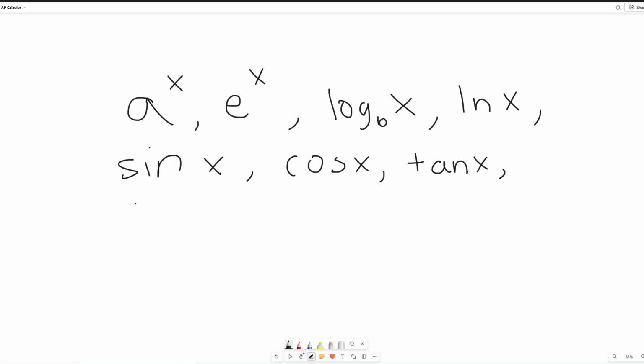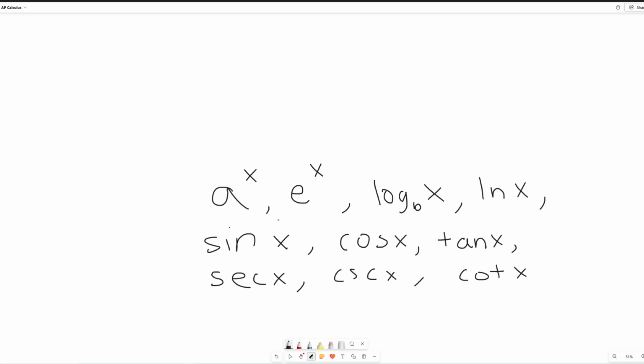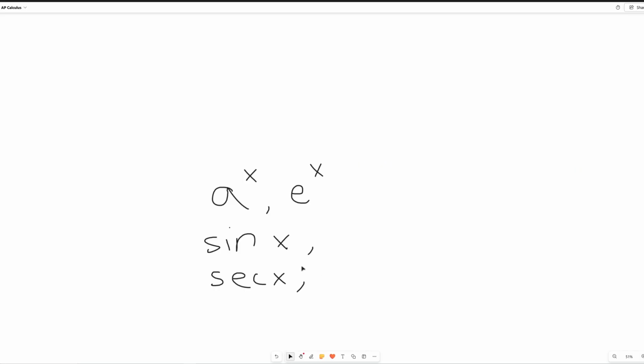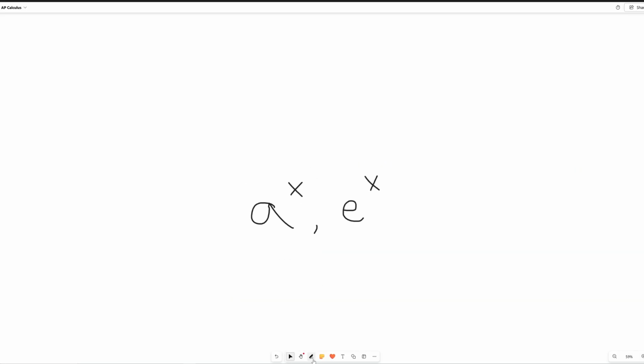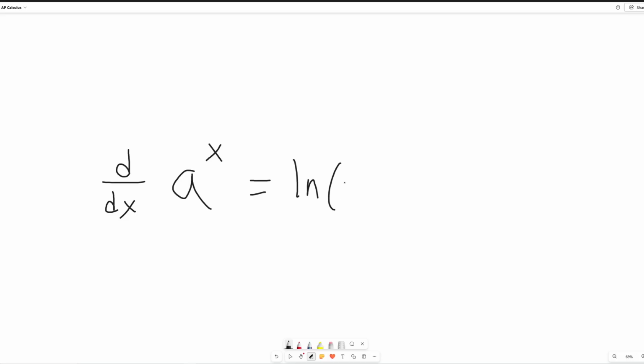So let's start off with our a to the x and e to the x. What would that even look like as a derivative? Well, a to the x, the derivative of it is just the natural log of a times a to the x.